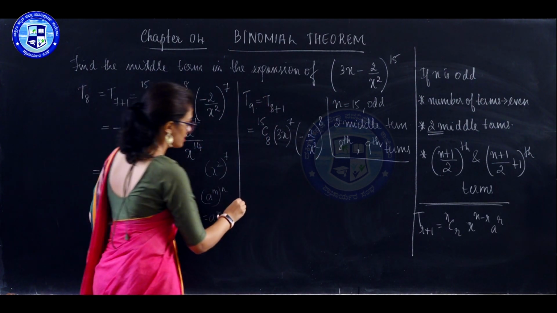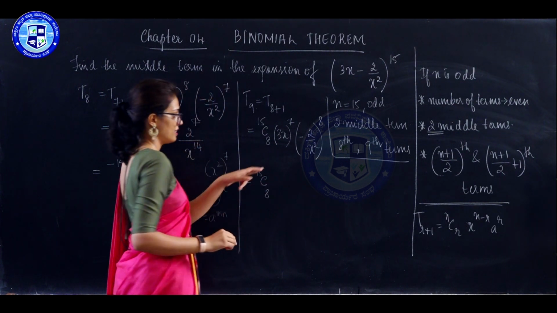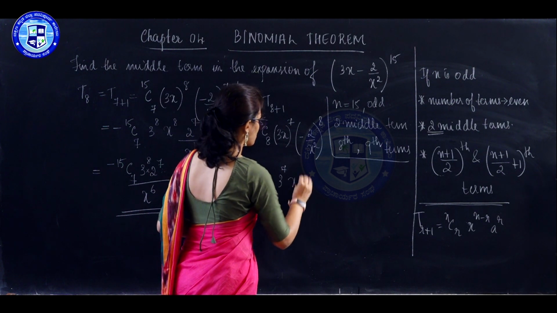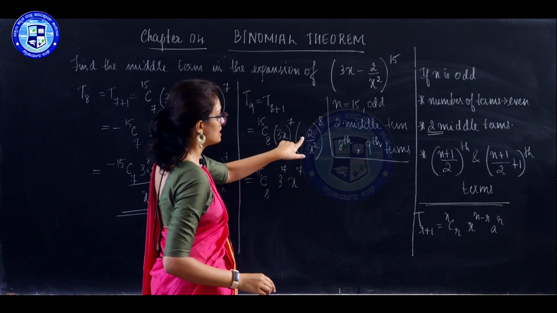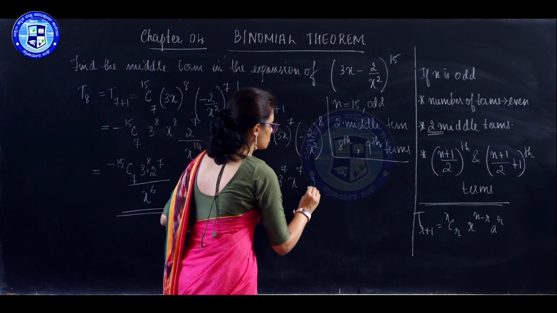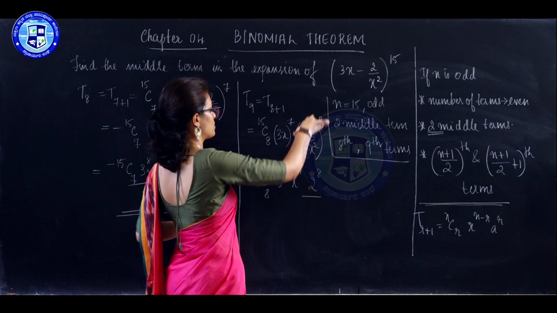So, this will be equal to 15C8 3 to the power 7 x to the power 7. Now, minus is raised to the even power, so it becomes positive, into 2 to the power 8 divided by (x square) to the power 8.